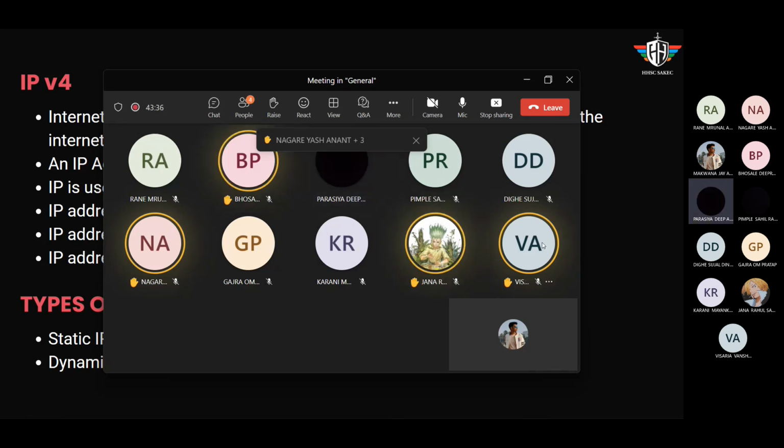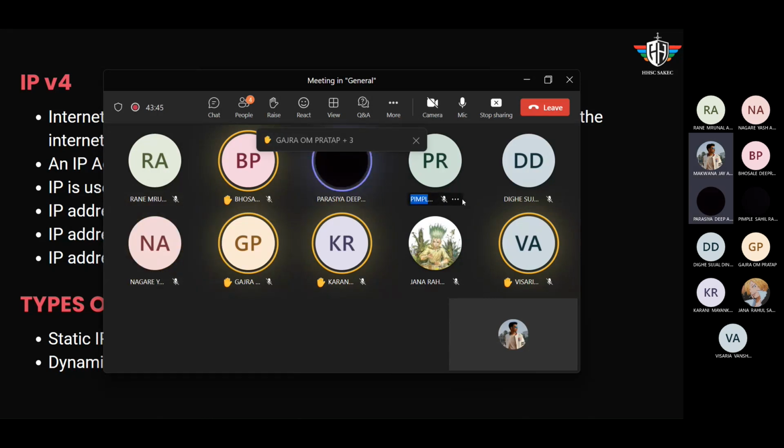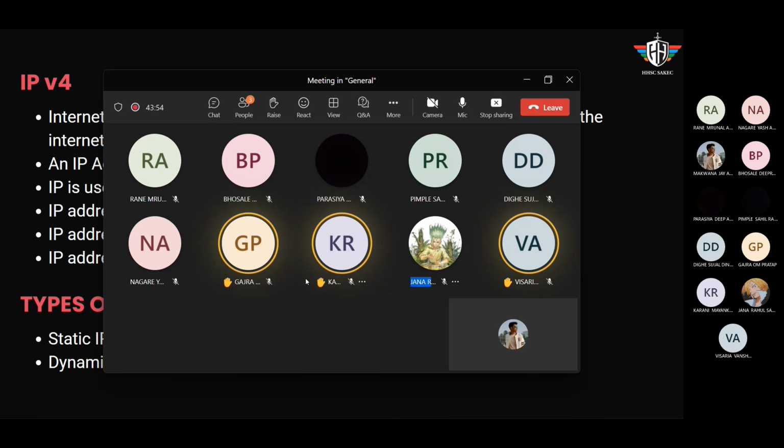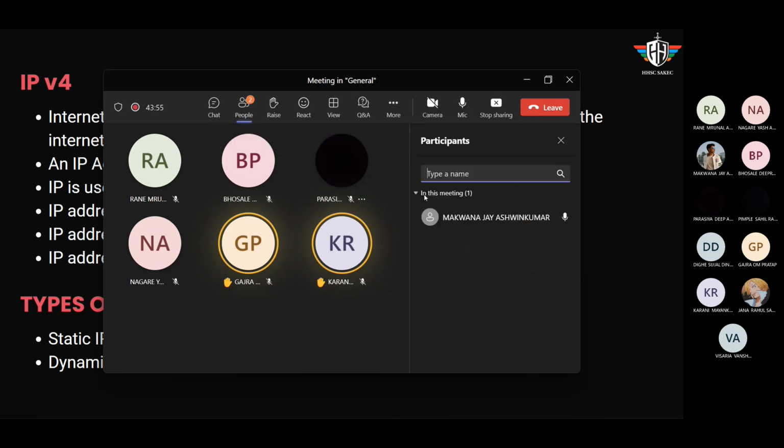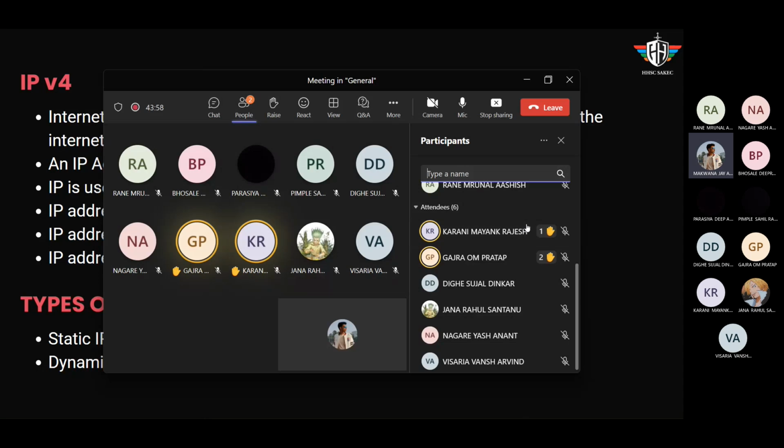Okay, cool. If you have a doubt, you can also post it in the chat box. Jay will be answering it after the session also. If you want to speak, you can directly turn off your mic. You have the option to turn off the mic, right? Only two people are listening.